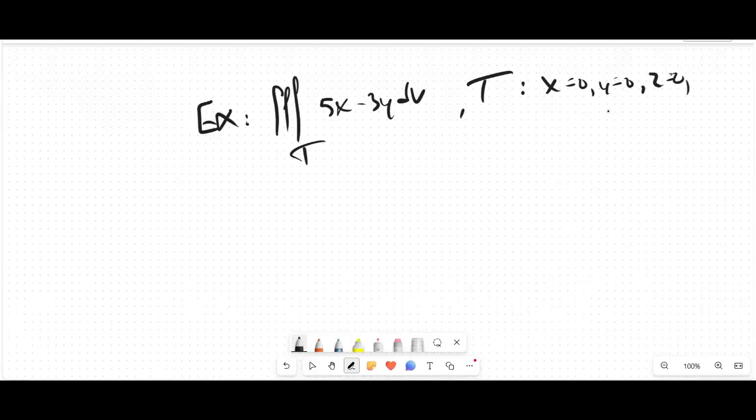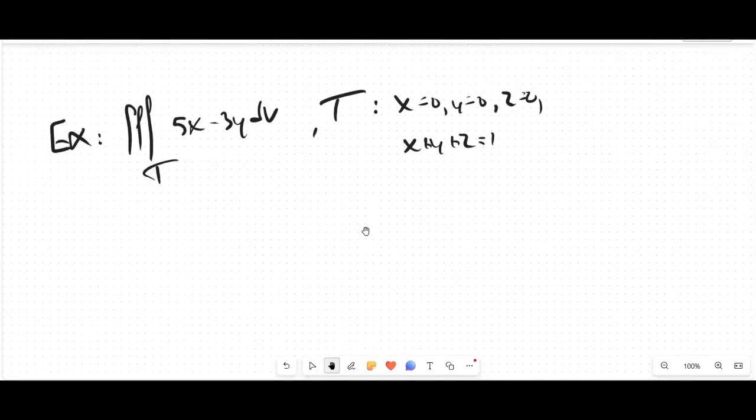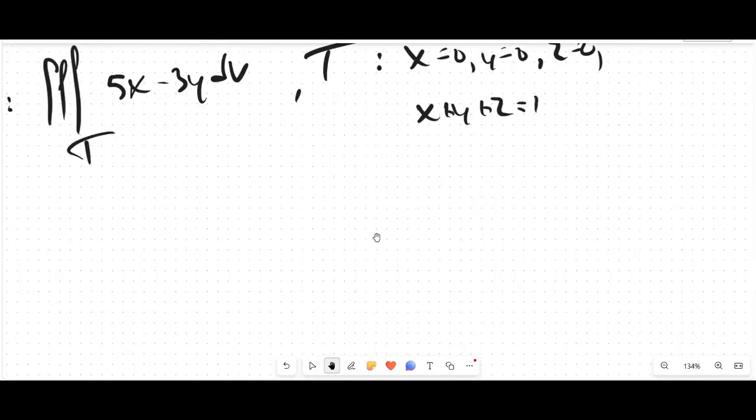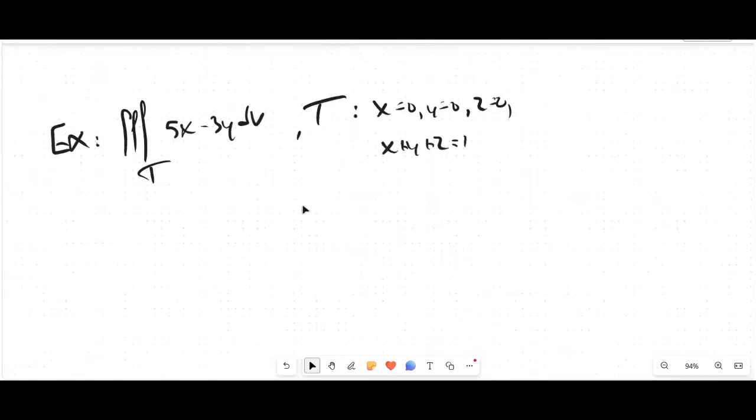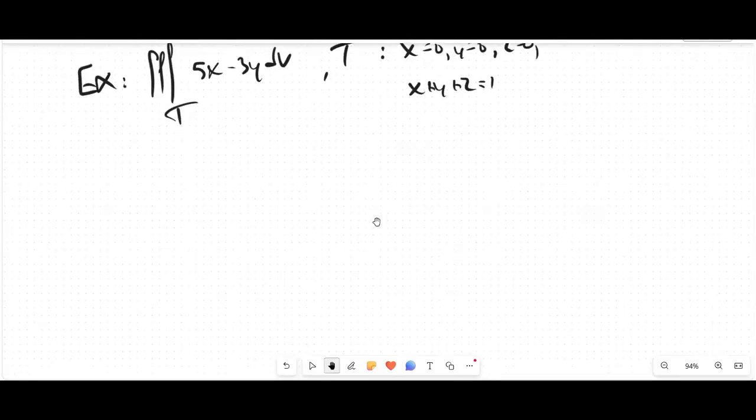Those are the coordinate planes. And one more equation, x plus y plus z equals 1. Okay. Set up or evaluate the integral of f over this region T. What does T look like?